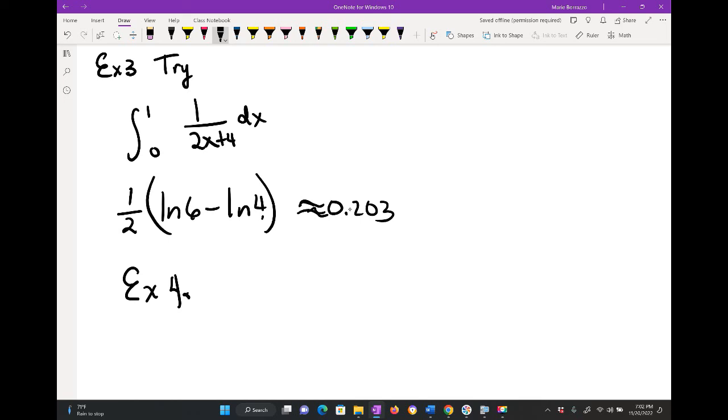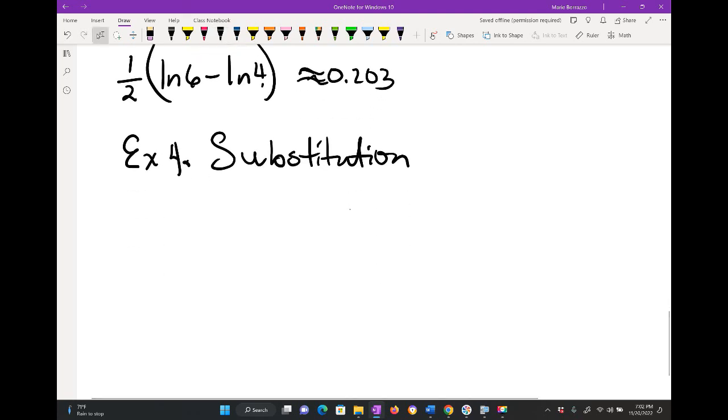So here we go with example 4. I have more substitution. In this one, they're asking us to use this method where we're integrating and using u substitution. So this is what we have at the moment.